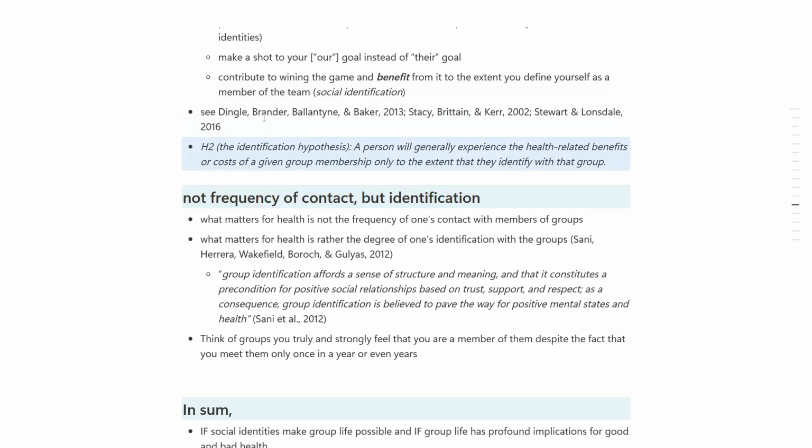A person will generally experience the health-related benefits or costs, or any general benefits or costs, of a given group membership only to the extent they identify with that group. So the more strongly you feel that you are a member of a group, the more likely you are to be affected by that group.